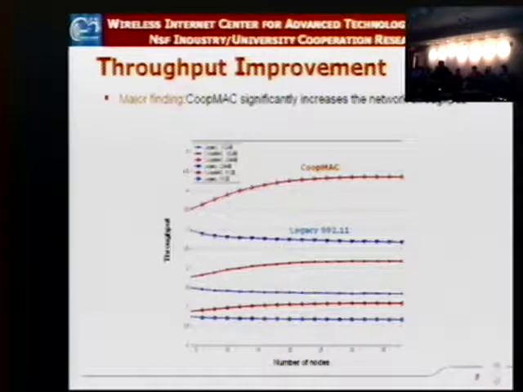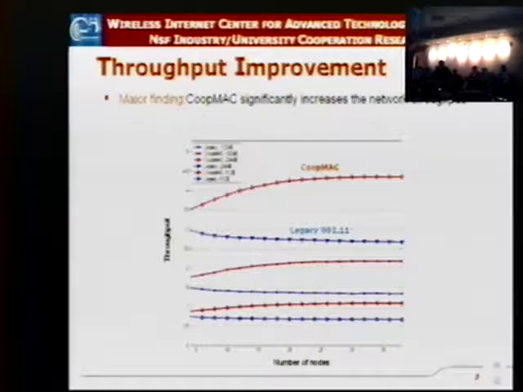Each pair of blue and red lines is the throughput for different sizes of packets. What we can see here is that indeed CoopMAC increases the network throughput, and as the length of the packet increases, this gain is higher.